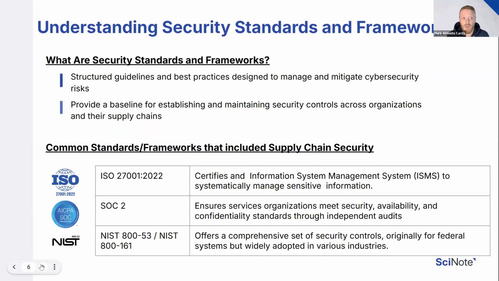SOC 2 ensures an audit of controls for security, availability, and confidentiality, and NIST 800-53 and even 800-161 offer a comprehensive set of security controls, originally for federal systems, but now widely adopted. These standards provide a solid foundation for securing your supply chain.